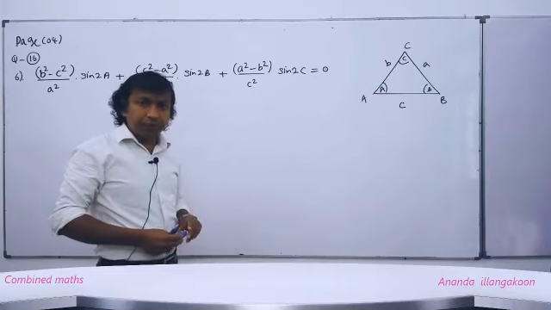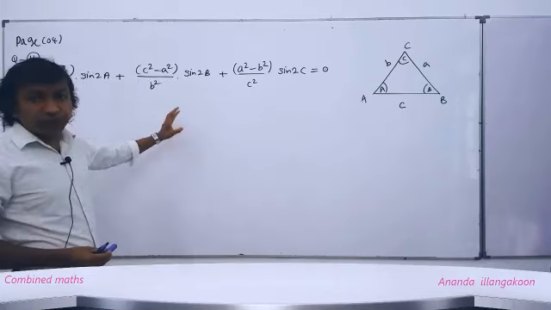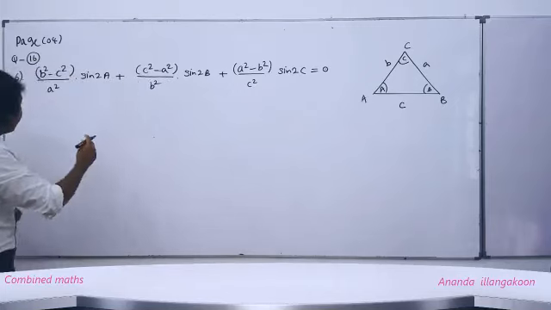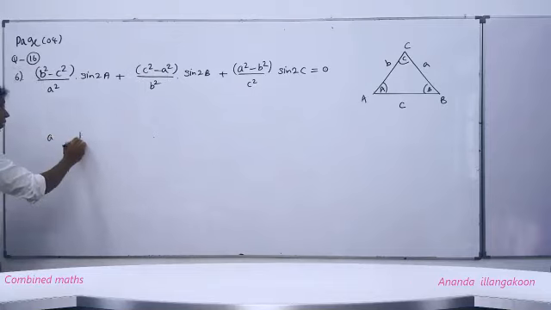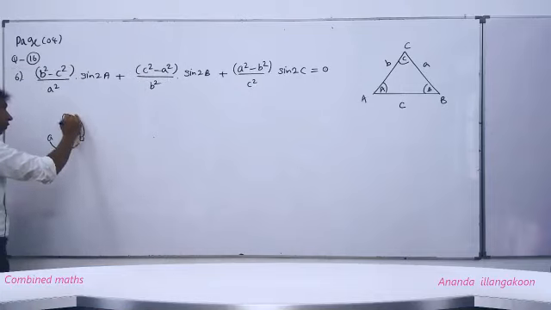Now suppose in this left hand side expression I change the simple letters like this: for a I put b, for b I put c, for c I put a.